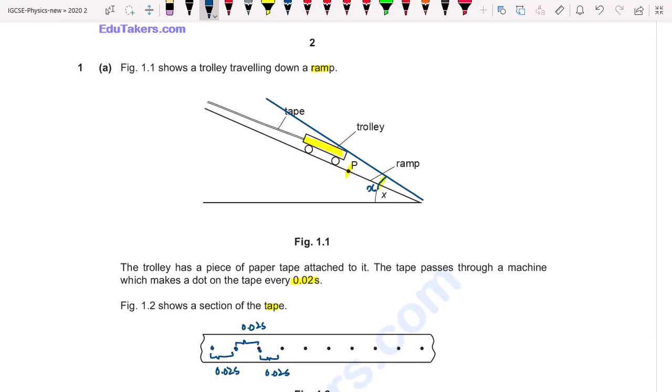So here you can see that the angle increases, which means that the slope is higher here. And the weight of the trolley is acting in the downward direction, and its component increases because of the high slope.